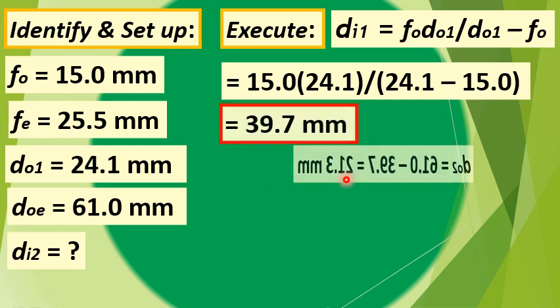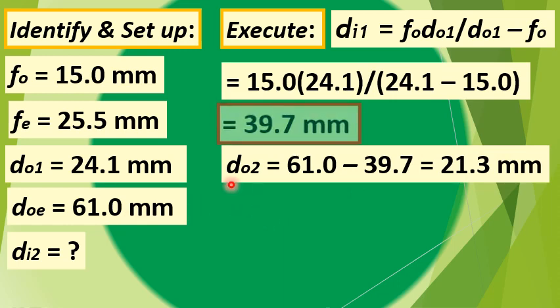And we label that second object distance, or d sub O2, which is simply the difference between 61.0 millimeters, that is the distance that separates the two lenses, minus the value of d sub I1, which is 39.7, and that is 21.3 millimeters. So this is the second object distance relative to the eyepiece.